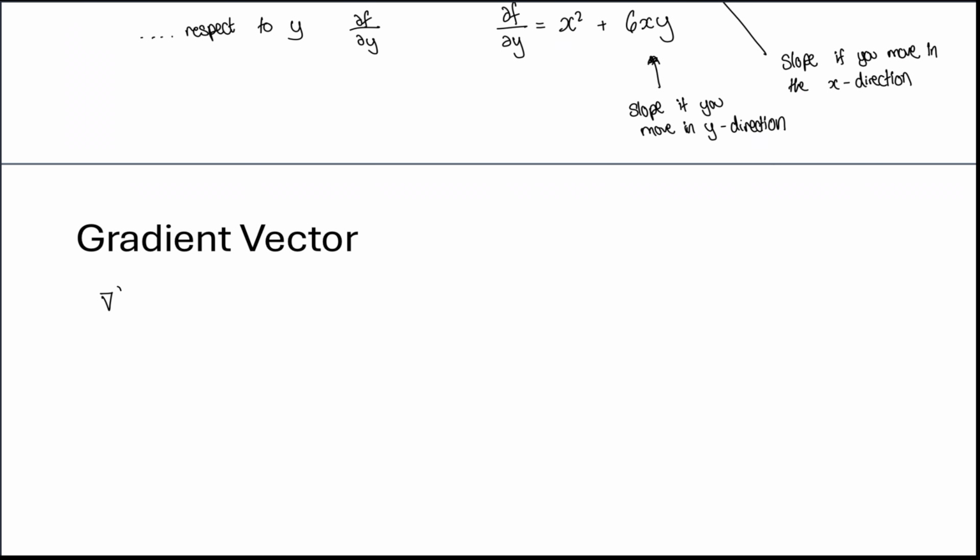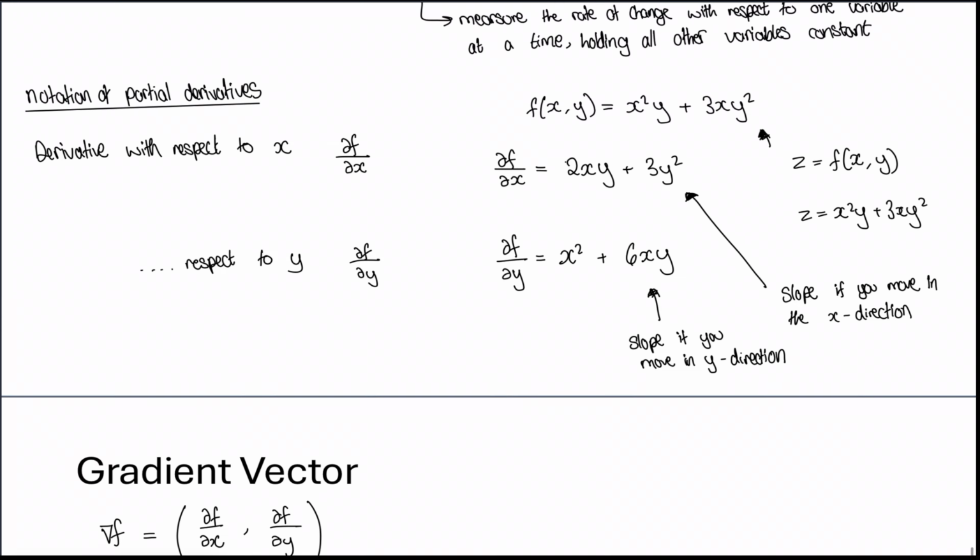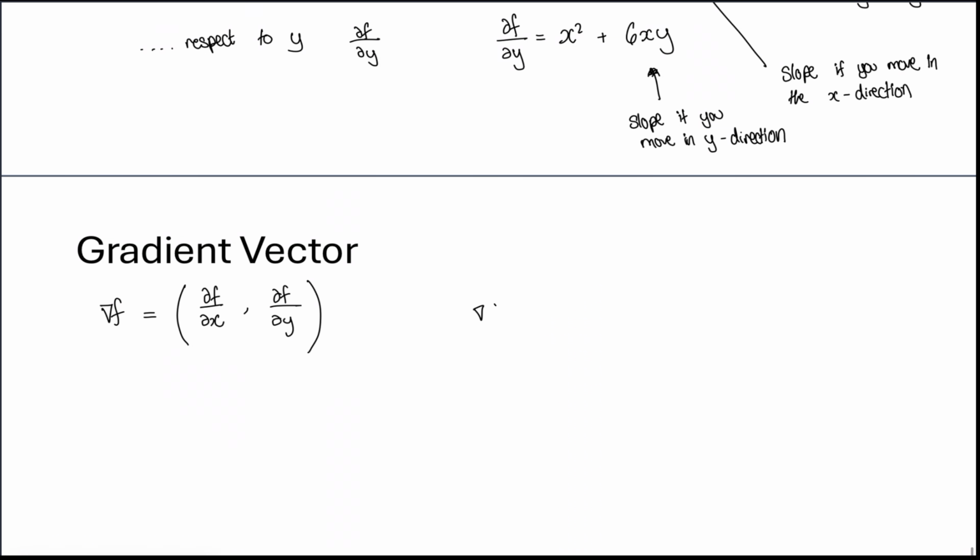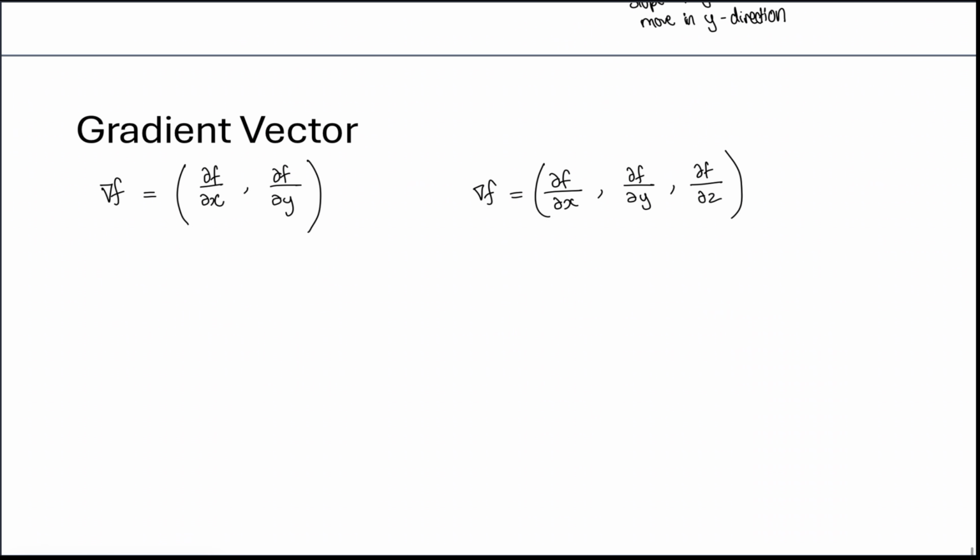So the notation for the gradient vector is nabla f, or the function, which is equal to the partial derivative with respect to x, and then the partial derivative with respect to y. That is for a function with 2 variables; if we had 3 variables in the function, it would look something like this.